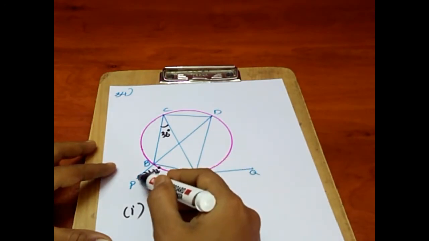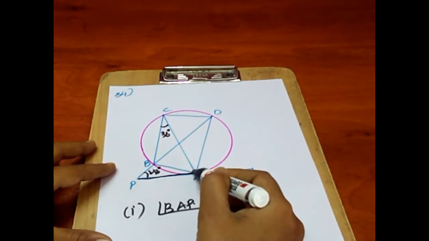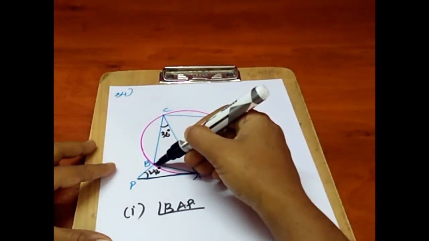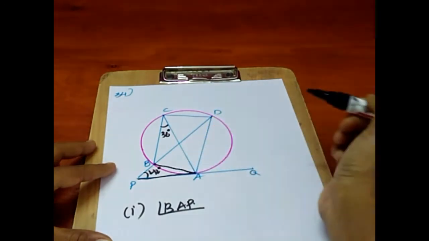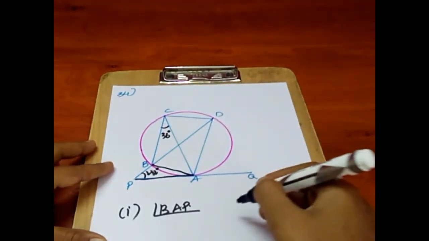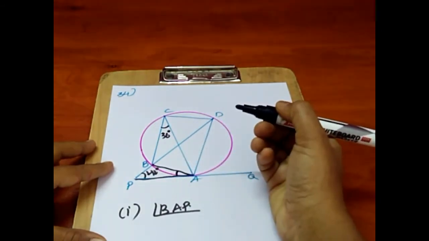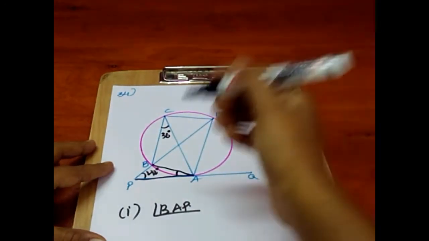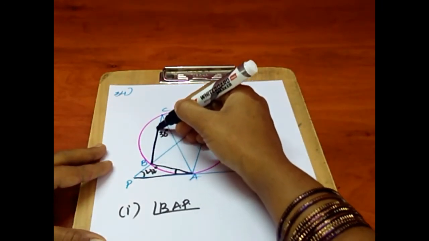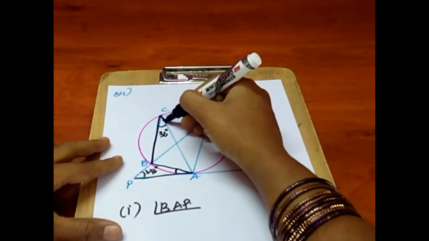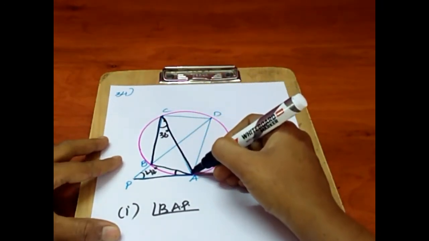At the point A, we have a tangent, that is PA, and AB is a chord. Hence, the angle at the intersection point of a tangent and a chord is equal to the angle in the alternate segment, that is angle BCA.